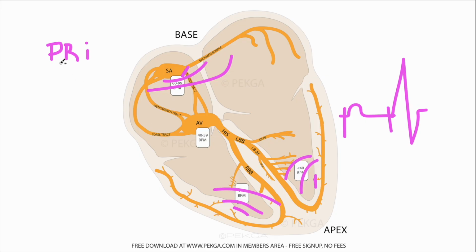So your PR interval is telling you how long it takes the signal to travel once it leaves the SA node. How long does it take for it to initiate ventricular depolarization? In other words, if this PR interval is greater than 200 milliseconds, you could have that delay potentially happening anywhere along this path.